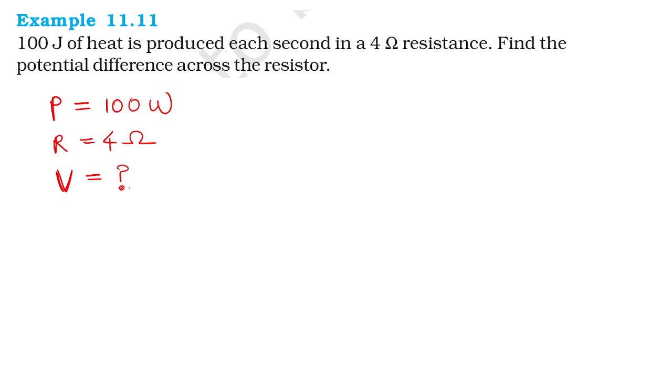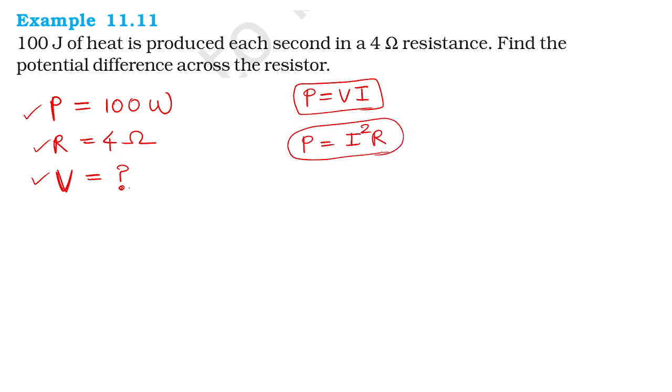So we studied 3 formulas for P. Which formula is the best formula? One is P equal to V into I, but I is not mentioned here. Another formula we studied is P equal to I square R, but I don't want to use this formula because I is not mentioned here. And we studied another formula, V square by R. This will be much better, convenient.